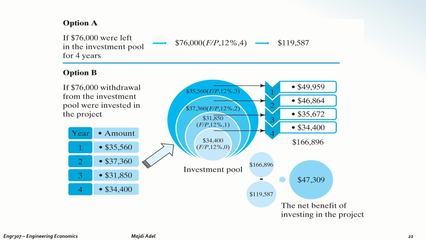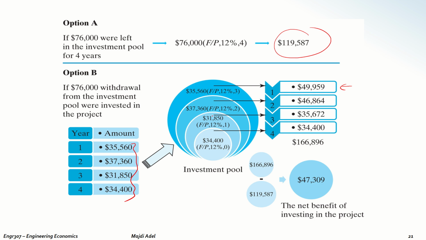Option A, if $76,000 were left in the investment pool for 4 years, it will generate $119,000. إذا تركتهم الشركة في الانفستمنت بول لمدة 4 سنوات. لكن if the company puts this investment in the project, okay, and the project generates this cash flow, so at the first year it will generate $49,000.